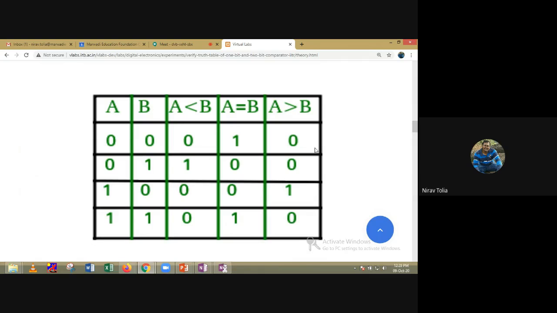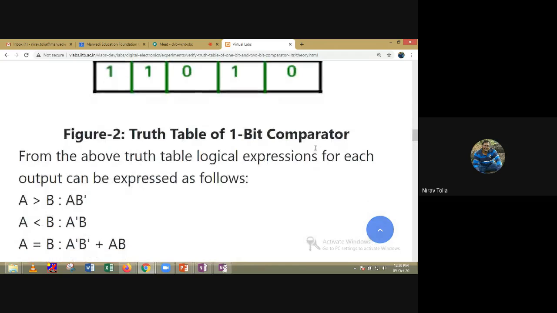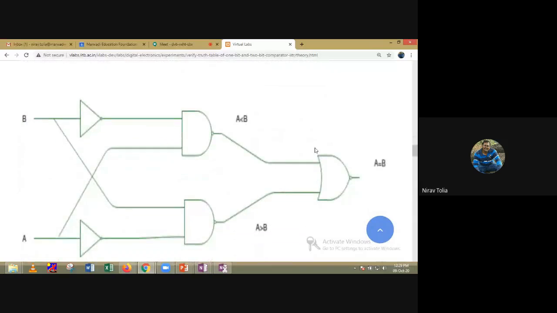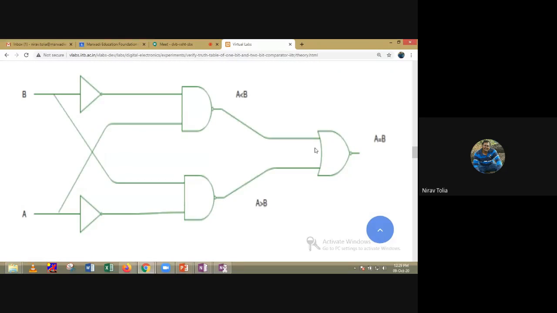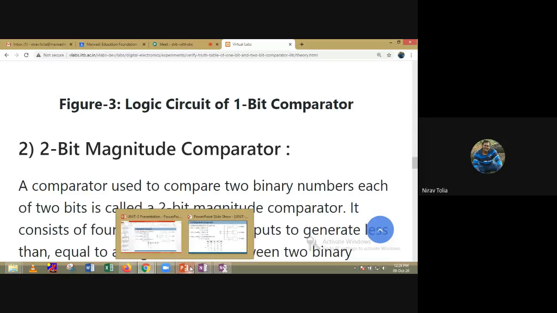For 0, 0, it is A equal to B. For 0, 1, it is A less than B. For 1, 0, it is A greater than B. And for 1, 1, again it is A equal to B. These are the equations which we already derived, and this is some different circuit used for the comparator. Now let's move to the 2-bit comparator.